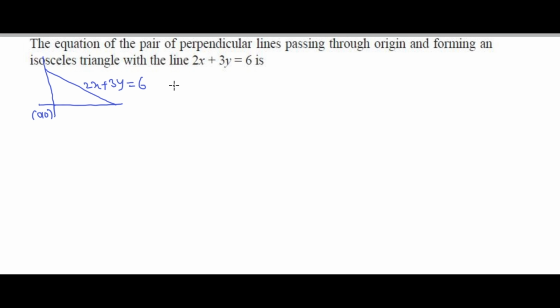So the equation of a pair of perpendicular lines is written as ax plus by whole square minus tan square alpha into bx minus ay whole square is equal to 0.